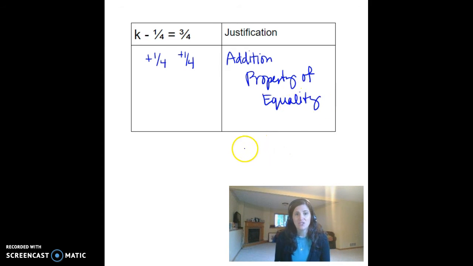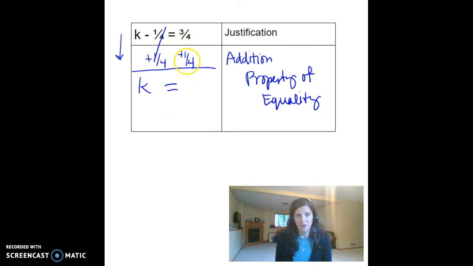All right, let's do this adding. Again, we're going to go vertically. We'll start with k. There's nothing to add to the k, so it just comes straight down. Negative 1/4 and positive 1/4, those are inverse operations of each other. They're opposites. So when we add them together, they just cancel out and equal 0. Our equal sign comes straight down, and then we have a little bit of fractions to do here.